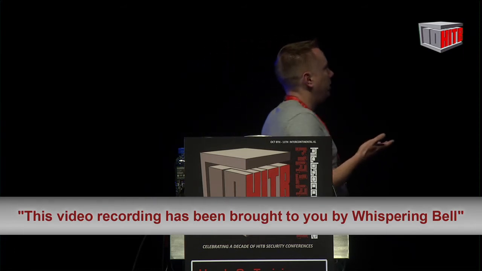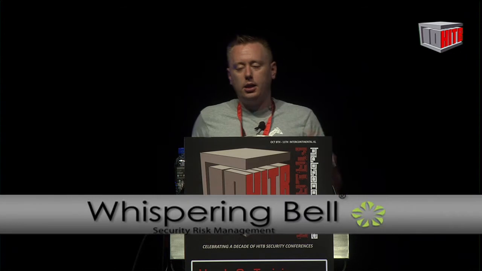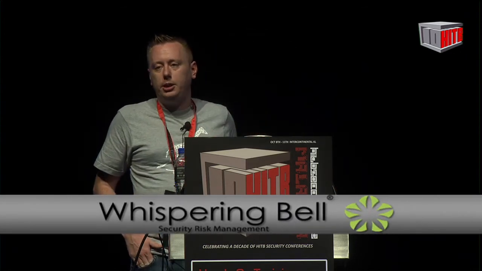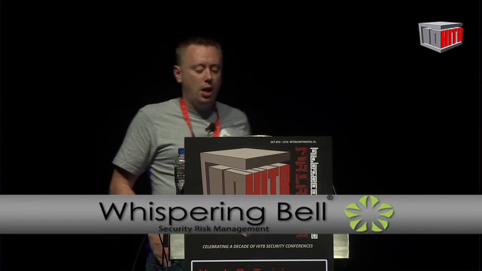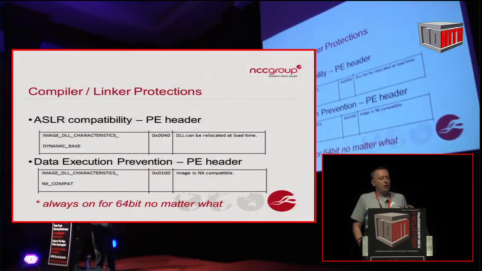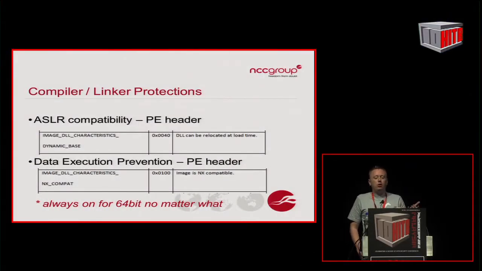ASLR is extremely trivial to detect. It's stamped into the PE header. Opting into DEP is also stamped in, so these are all relatively trivial. What I would say is the best thing Microsoft have ever done is release effectively a .NET wrapper, a PE parser written in managed .NET.